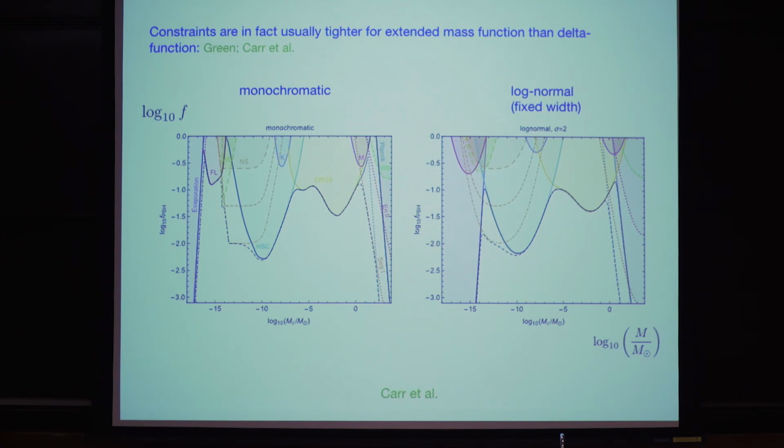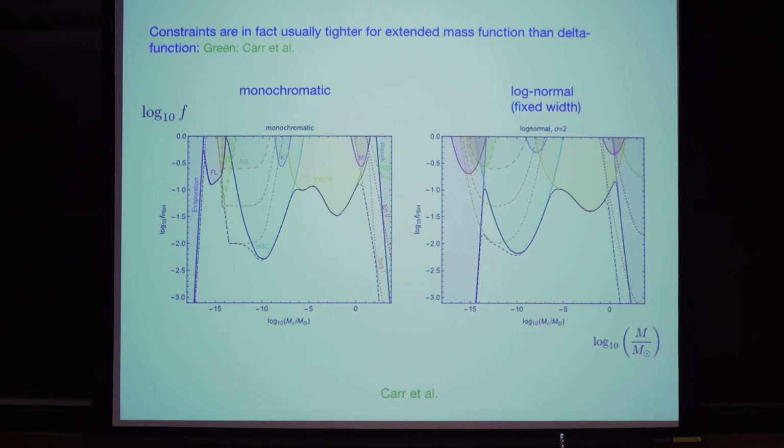You can do it for whatever mass function you like. And so what you see is that the constraints just get tighter. Here, maybe if you decided that you didn't like the white dwarf constraint, you could have just about allowed a delta function mass function at around 10 to the 18 grams. Once you have an extended mass function, the constraints really get tighter, down to about 0.1 of the total halo density.